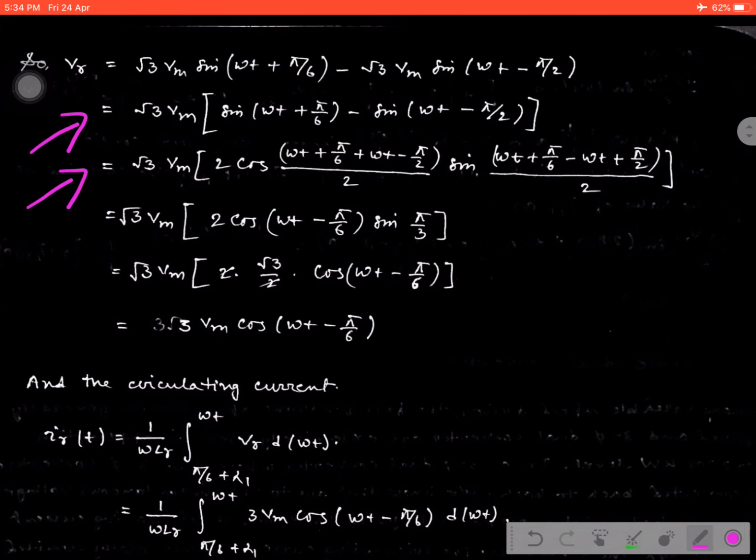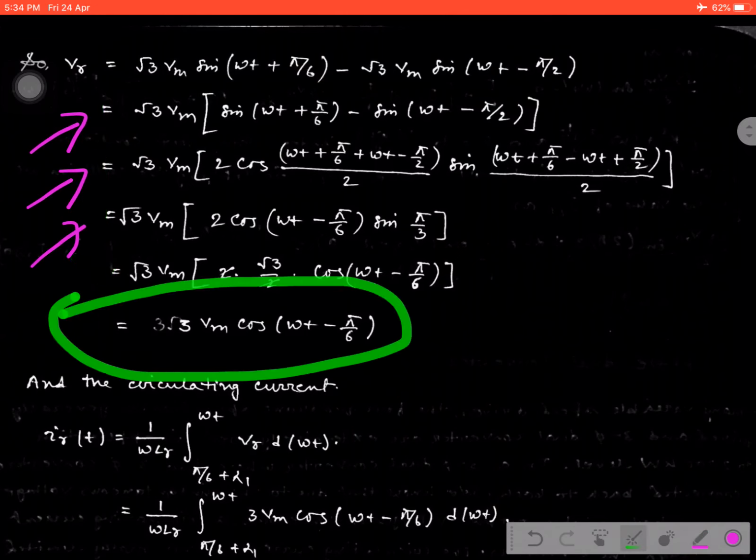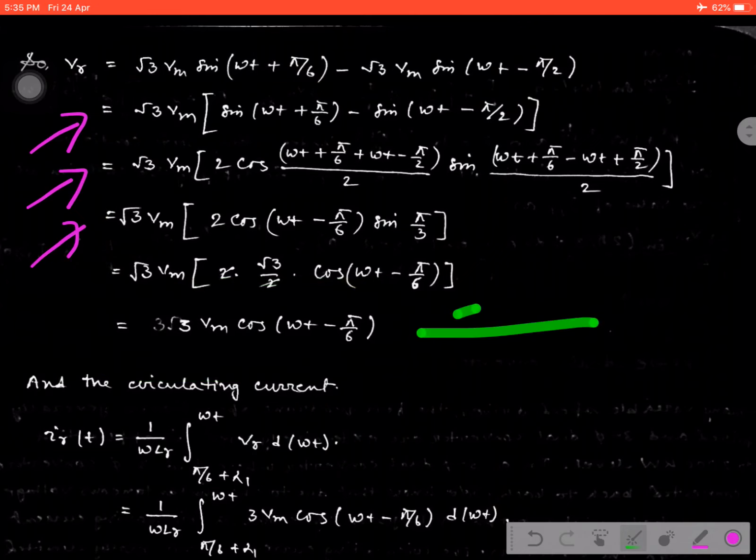In this way we calculate this part, and further we get root 3 Vm times 2 cos(omega t minus pi by 6) sin(pi by 3). So ultimately, through this simplification, we get 3 root 3 Vm cos(omega t minus pi by 6). This is the result for VR.